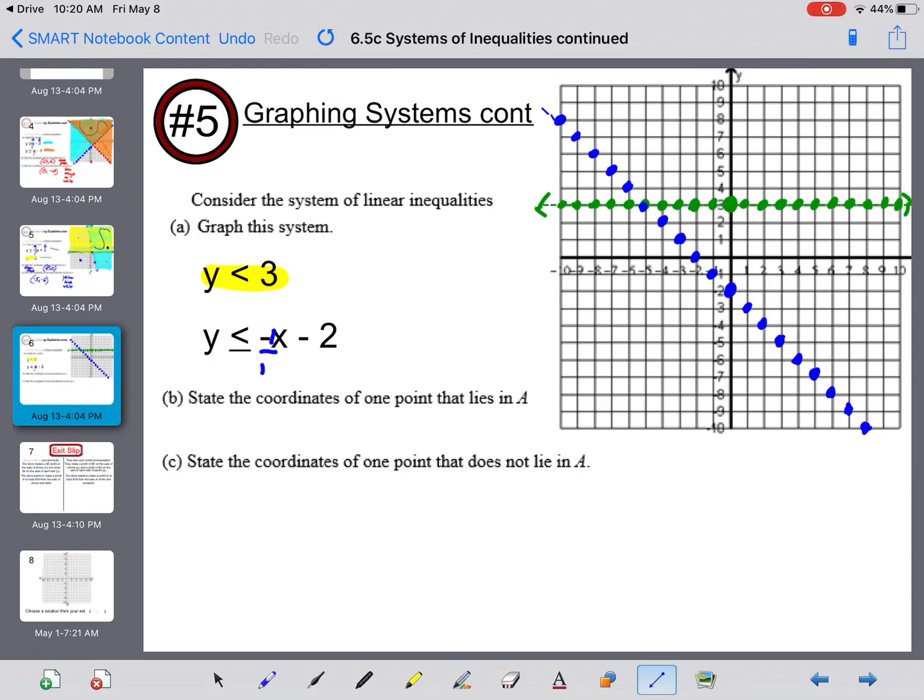We have a solid line this time. Okay. Less than, the green would be below.